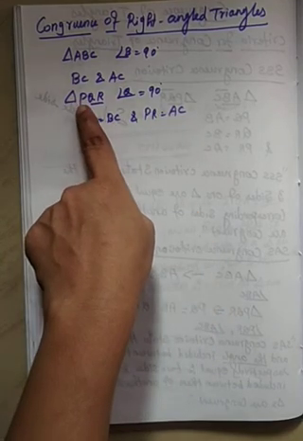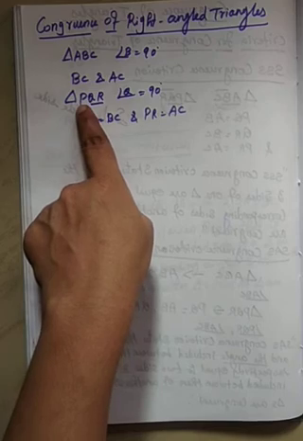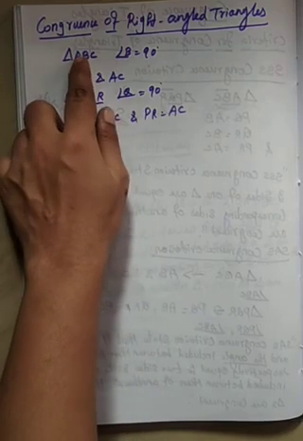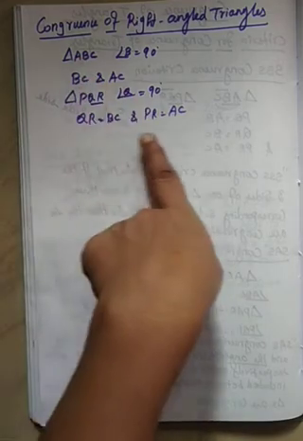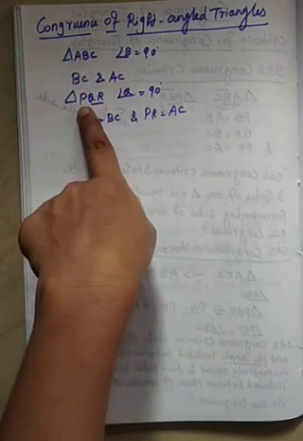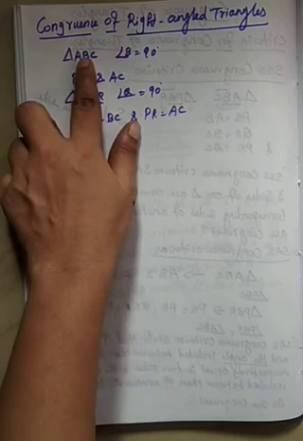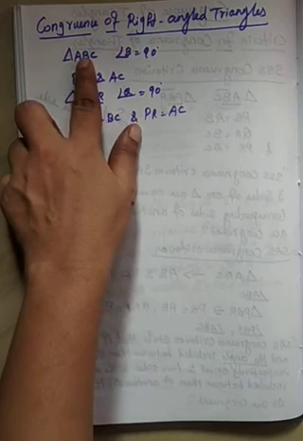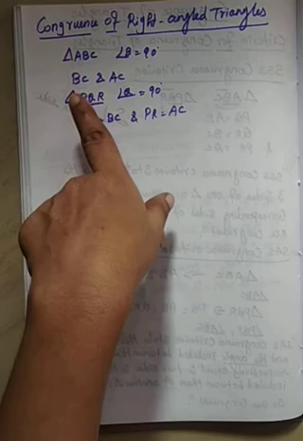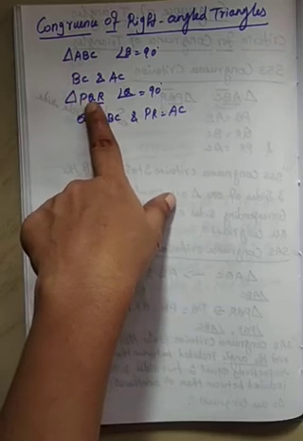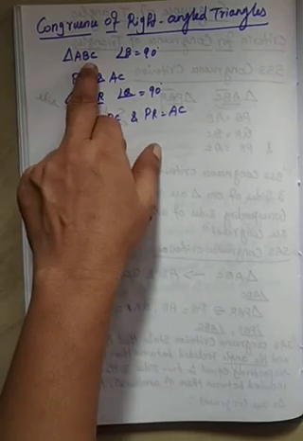Cut triangle PQR and superimpose it over triangle ABC such that PQ falls on AB. We can see that the cutout of triangle PQR completely covers triangle ABC.